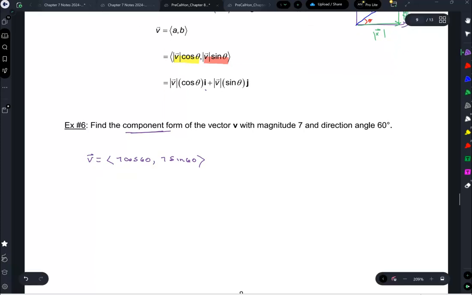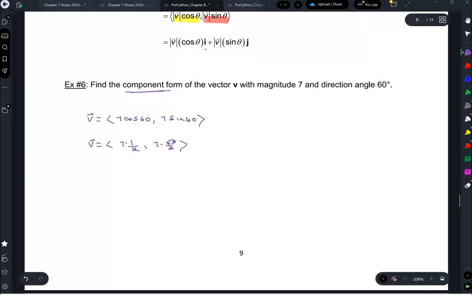And what's cosine of 60? A half, and sine of 60 is root 3 over 2.